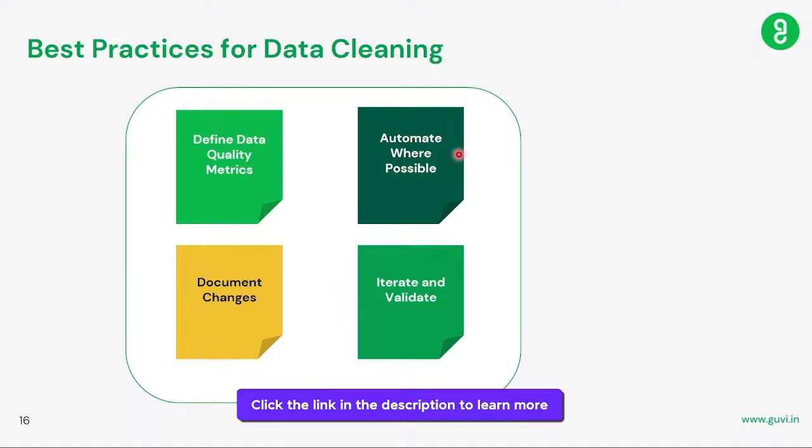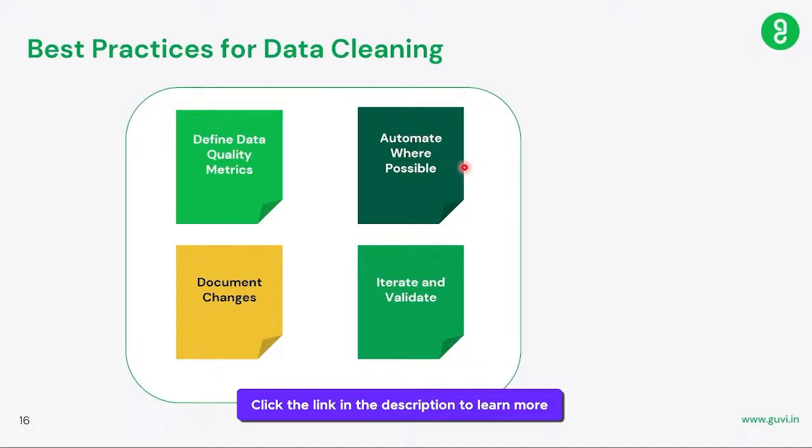The second important point that I want to bring up is automate wherever possible. Another important best practice of data cleaning is to leverage automation tools and scripts to streamline repetitive tasks and minimize manual effort.